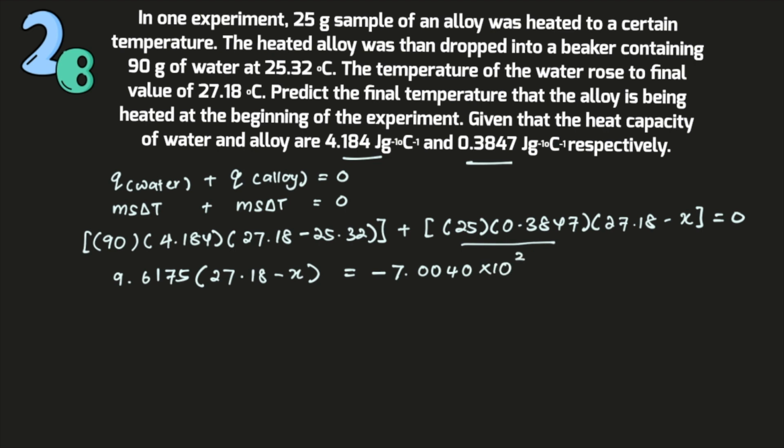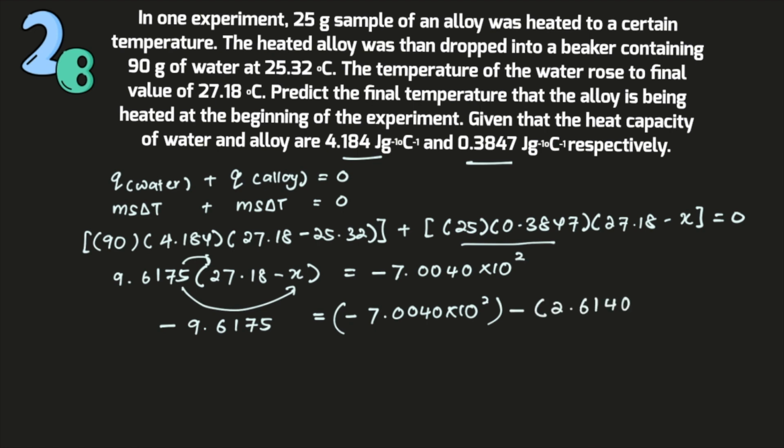Now you multiply each term, and you get negative 9.6175 X equal to negative 7.0040 times 10 to the power of 2, because this one you move to the other side, minus 2.6140 times 10 to the power of 2. Right, so this one should have X.